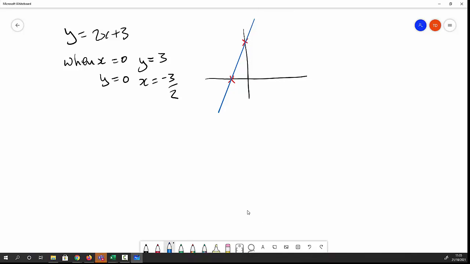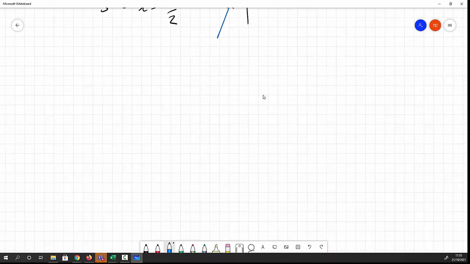Okay, now the next thing is to find the point of intersection. So let's move that up a bit. So we want the point of intersection between y is equal to 3x minus 1 and 4y is equal to minus x plus 22.